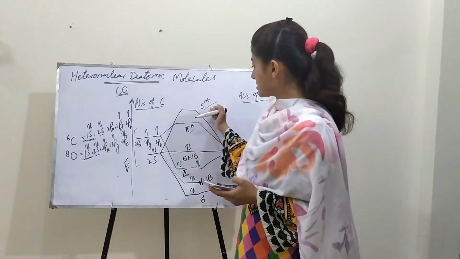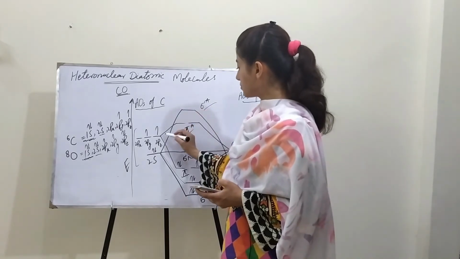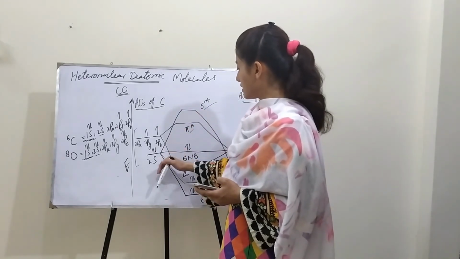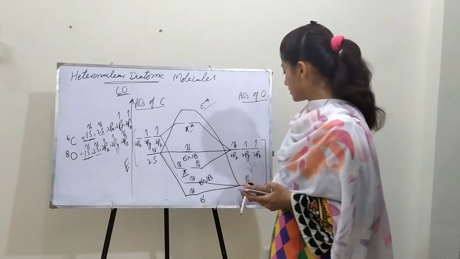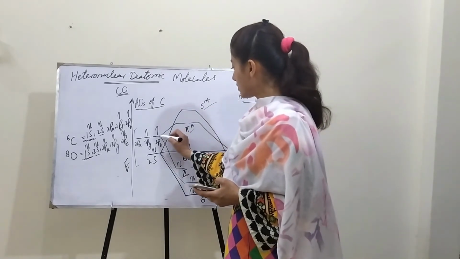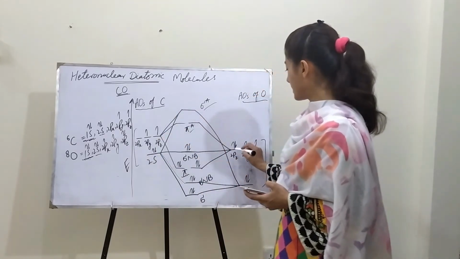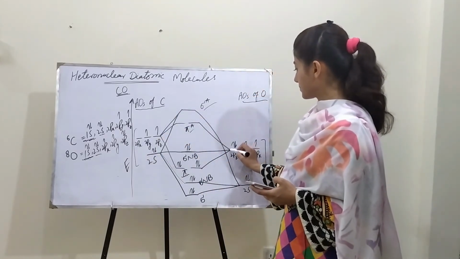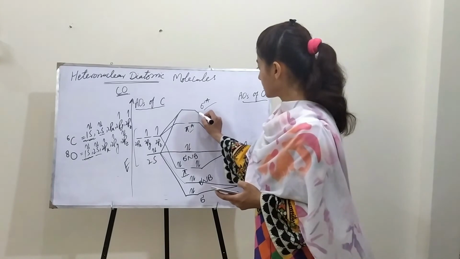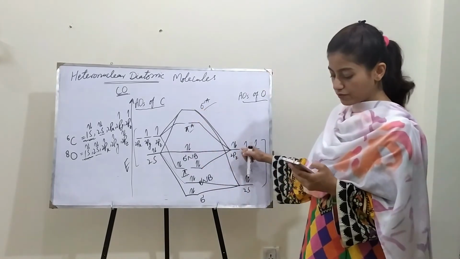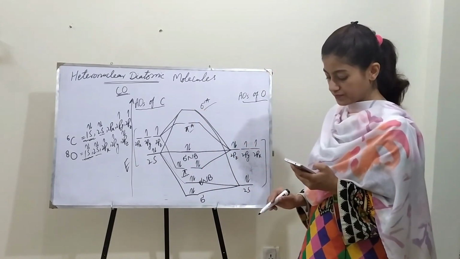And here this sigma star has been formed not only as a result of this 2s and 2s, but there is also some interaction from these 2px.